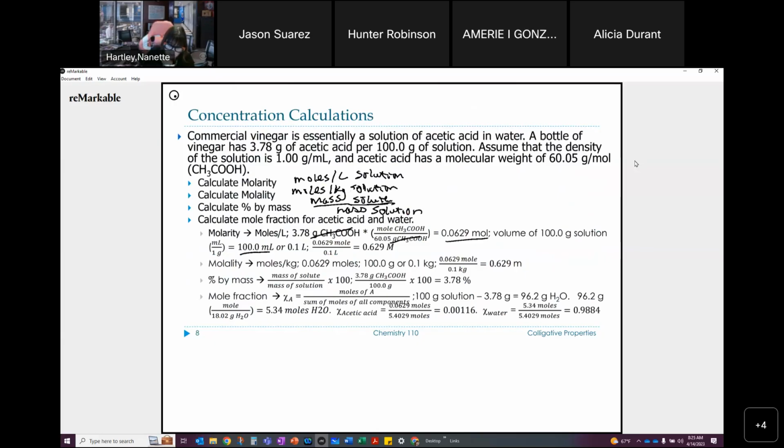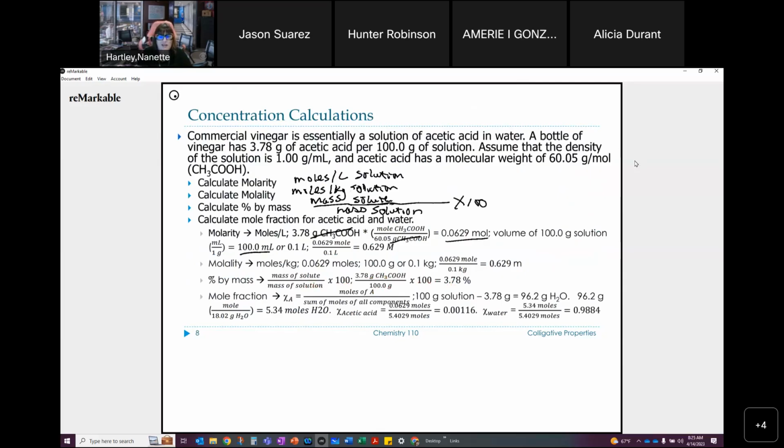And that's a percentage, so we multiply by 100. Percent by mass is the mass of the solute over the mass of the solution times 100. I have 3.78 grams of the acetic acid for 100 grams of that solution times 100. That's 3.78%. So there's that one.